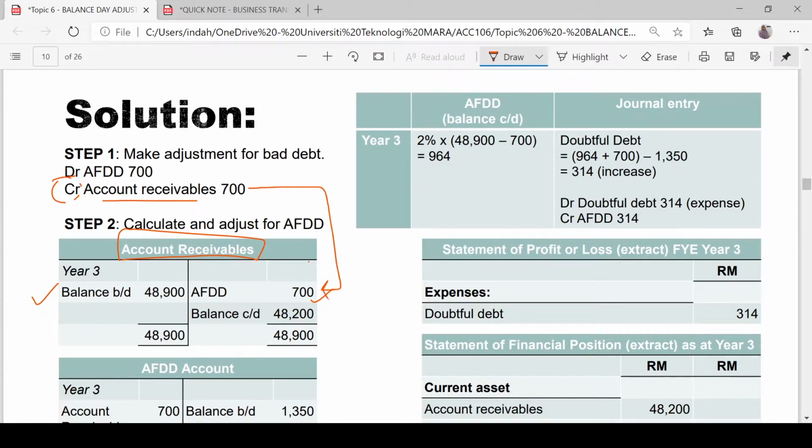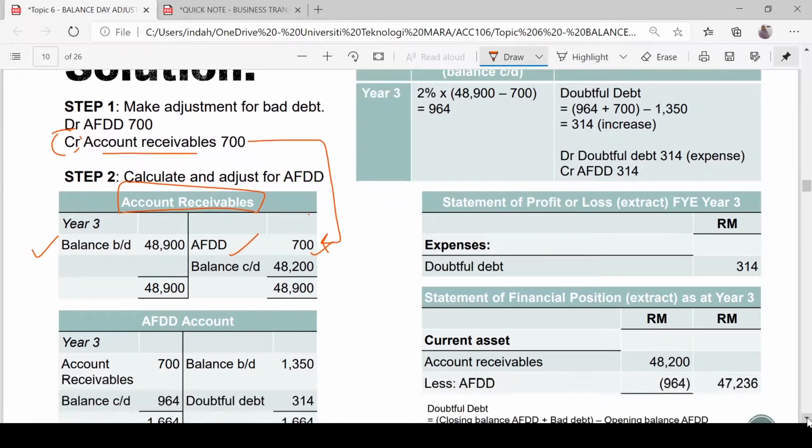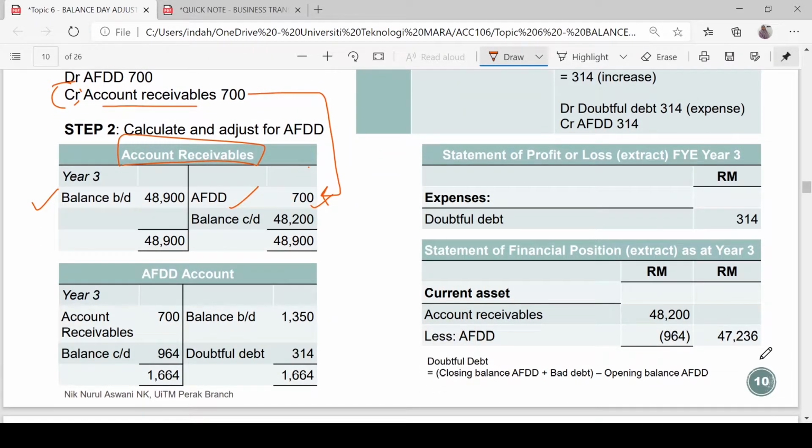On the credit side you record this 700, and the detail is AFDD. In the AFDD account we have been given a balance BD, or opening balance, of 1350. So AFDD always has a credit balance.